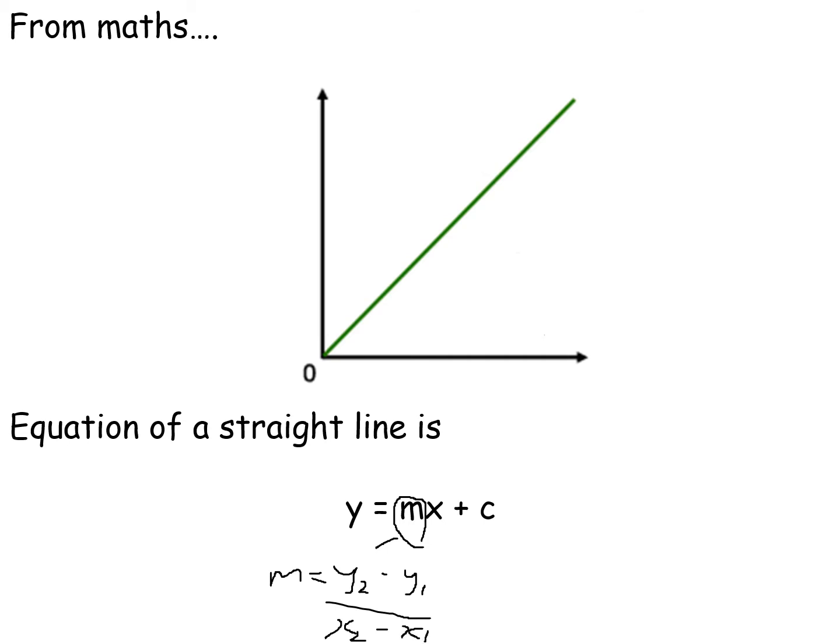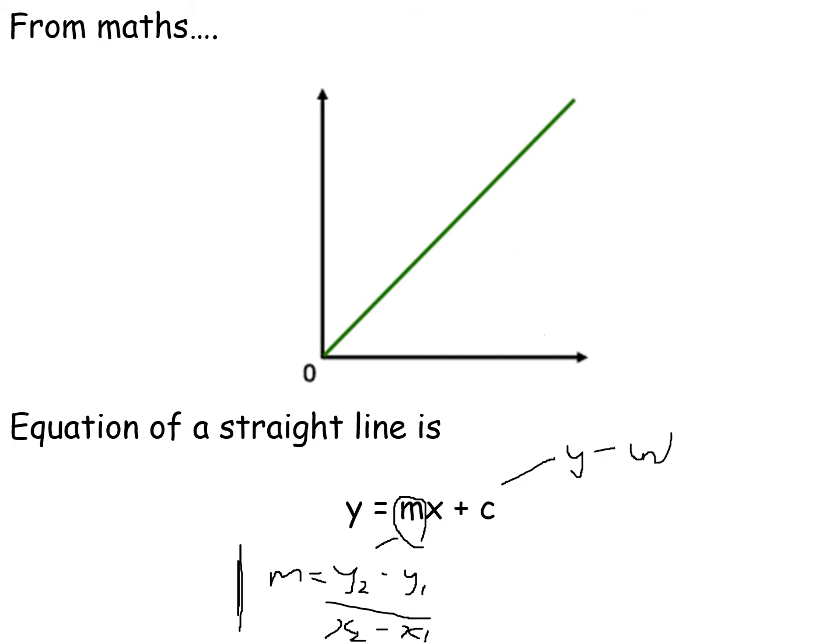You may know variations of this. For example, you might know this equation as yb minus ya over xb minus xa. It doesn't really matter which one you use as long as it's the correct equation mathematically. So that's the equation for the gradient. You might also know that c stands for the y-intercept, which is where the line cuts the y-axis.